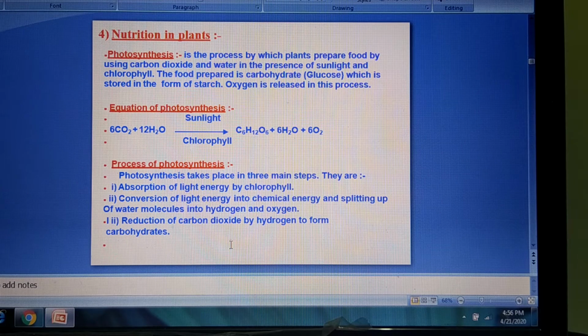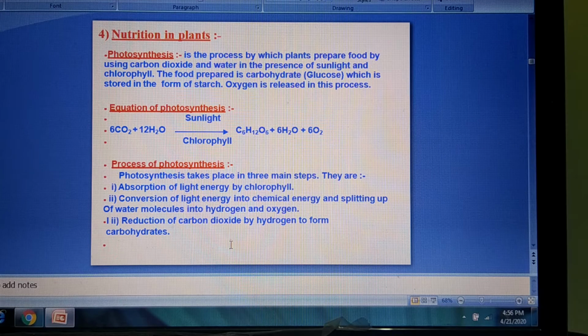So that is also called the energy currency, adenosine triphosphate. Solar energy is changed into chemical energy. This chemical energy will be utilized to combine water molecules and carbon dioxide.